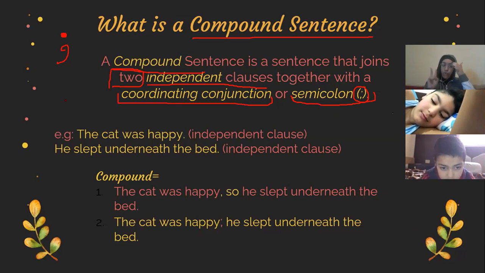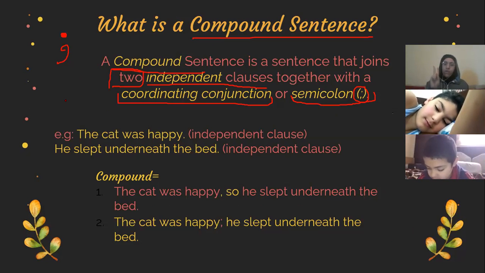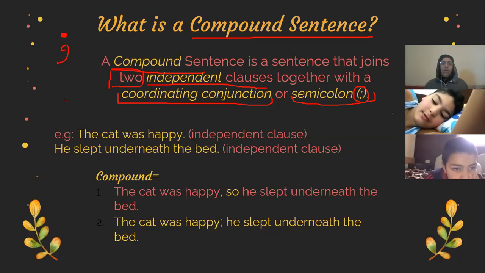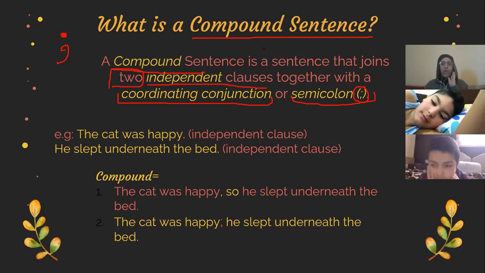The same goes for the predicate. I said every independent clause has one predicate. So if I have two independent clauses, they will have two predicates. Again, Hassan, how many ideas will I find in this sentence? Two ideas. Thank you, Hassan.